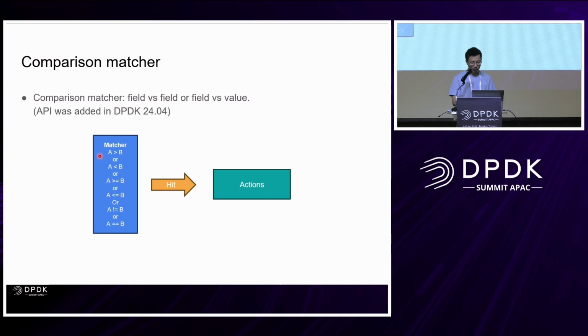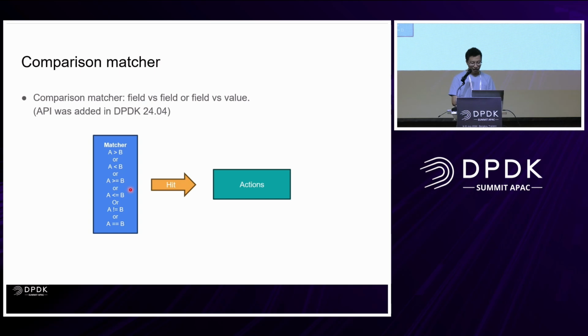For example, if you specify A as, for example, the TCP port or something like that, you can say you only want the TCP port value greater than some immediate value. Or maybe you want to do what I talked about: we can sum the TCP header length and IP header length into some register. Then we just compare the IP packet length with the register to understand if we have payload or not.